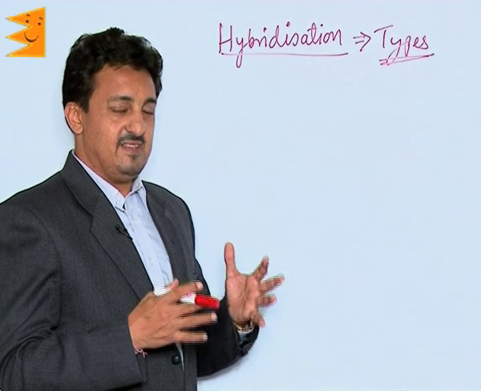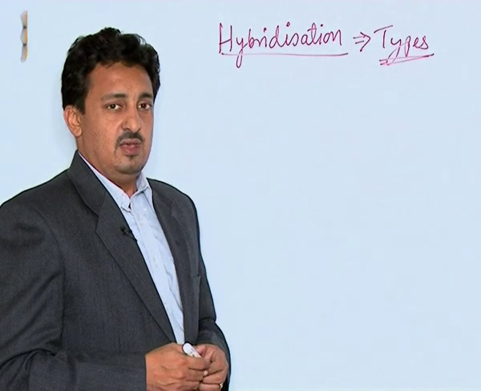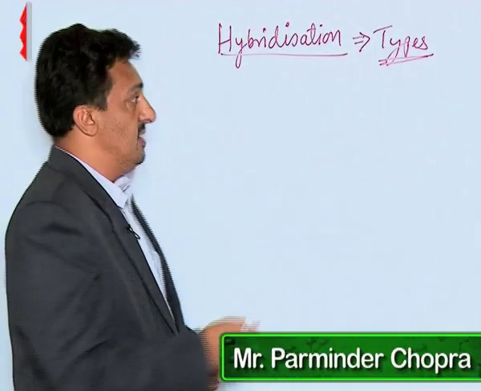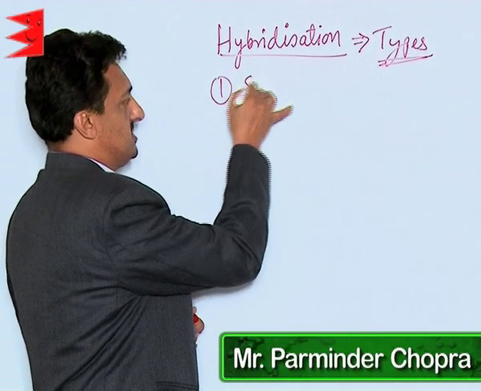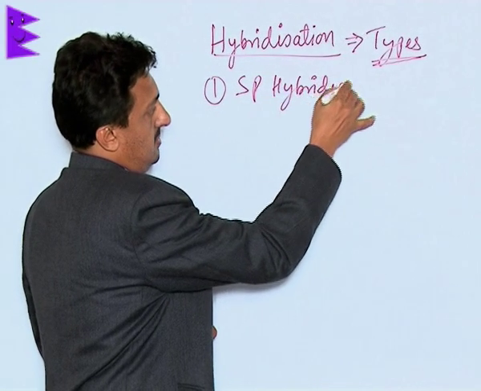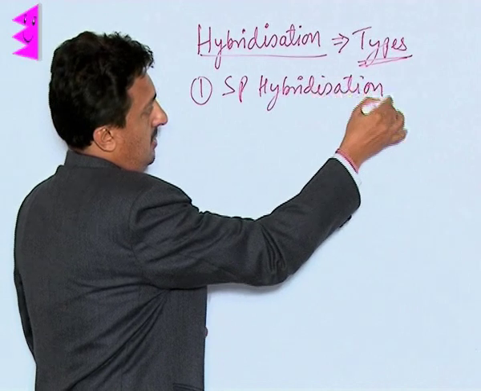After understanding the basics of hybridization, now let us move to the types of hybridization. The first type of hybridization is sp hybridization.